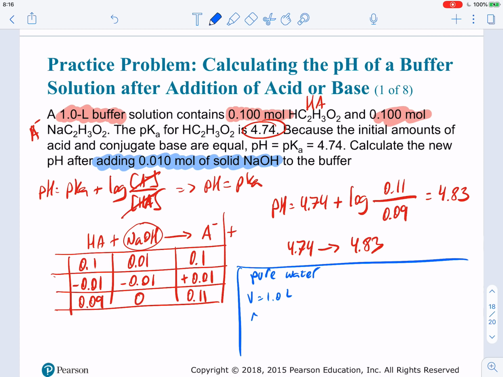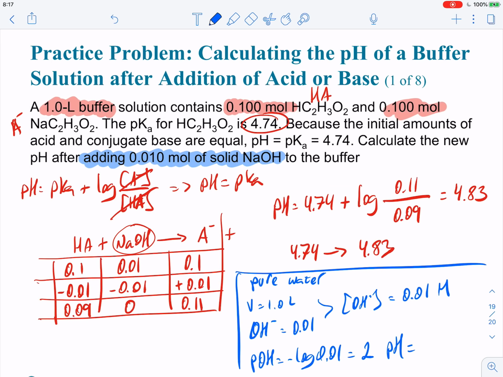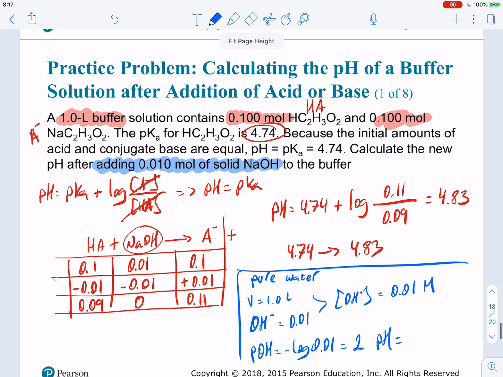You have hydroxide equal to 0.01, so the concentration of OH minus would be 0.01 molar, right? Here, the pOH would be minus log of 0.01, which is 2. The pH would be 14 minus 2 equal 12.